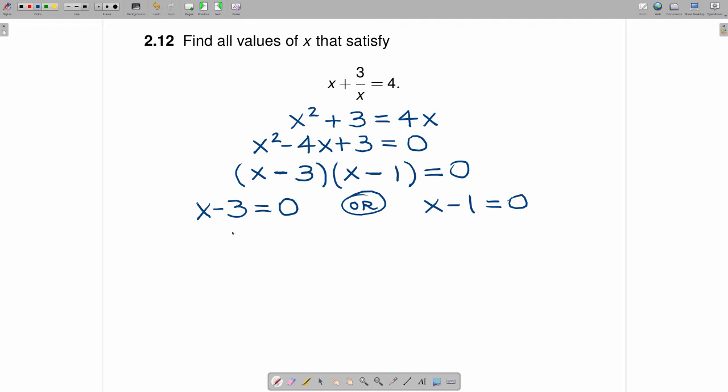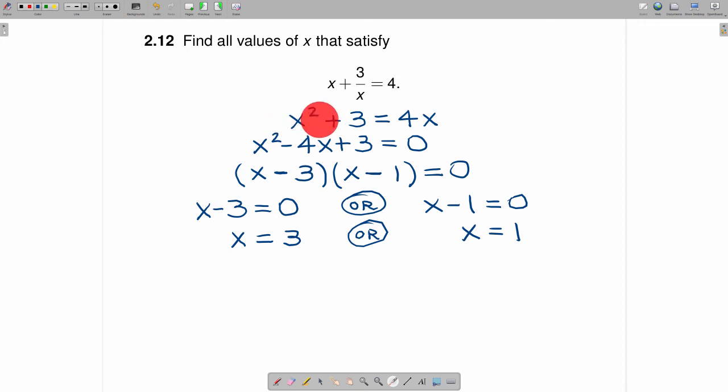When you add 3 to the left-hand side, you get x. When you add 3 to the right-hand side, you get 3. The way you solve the second equation is you add 1 to both sides of the equation. When you add 1 to the left-hand side, you get x. When you add 1 to the right-hand side, you get 1. So now you have x equals 3 and x equals 1 as the solutions to this equation.